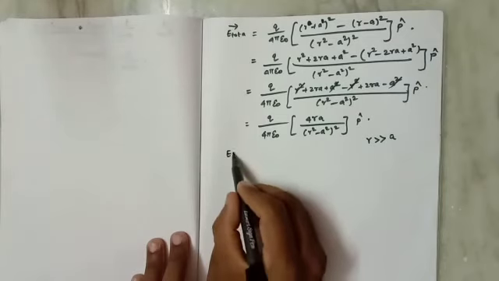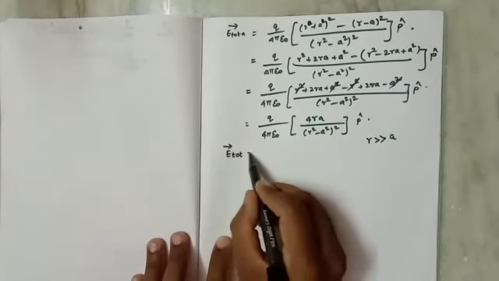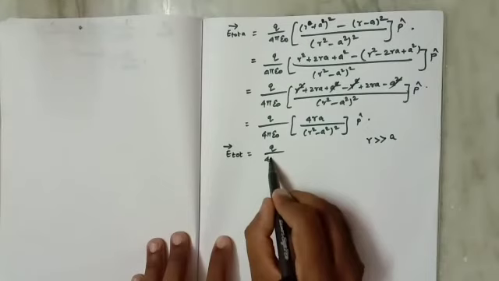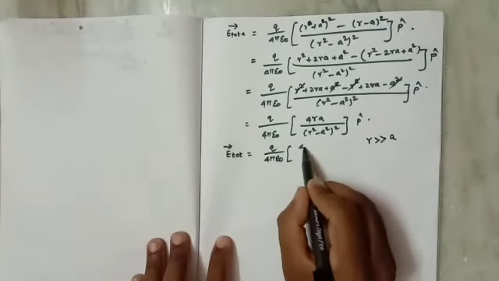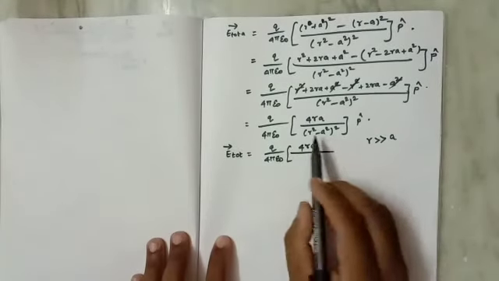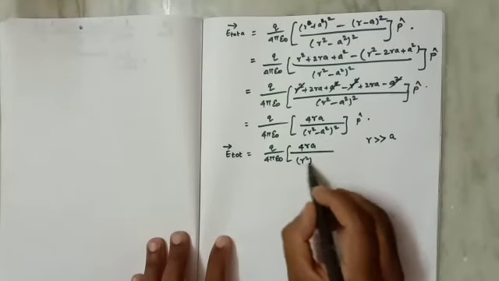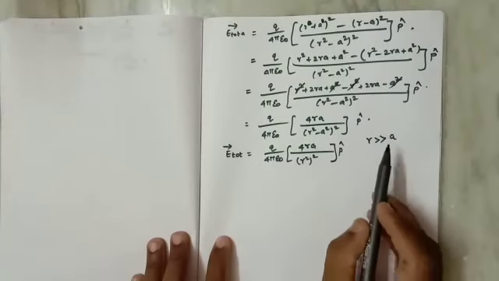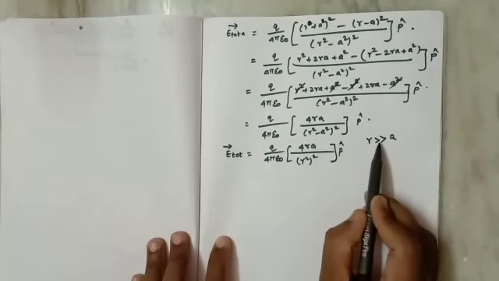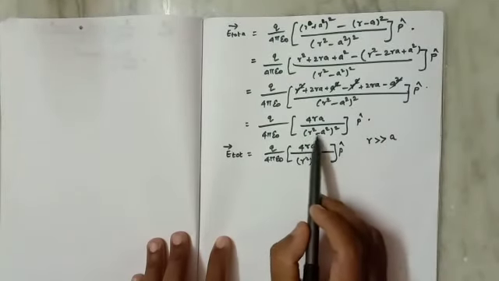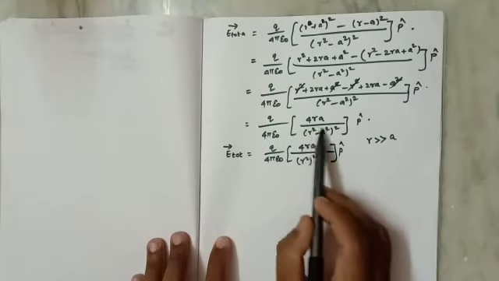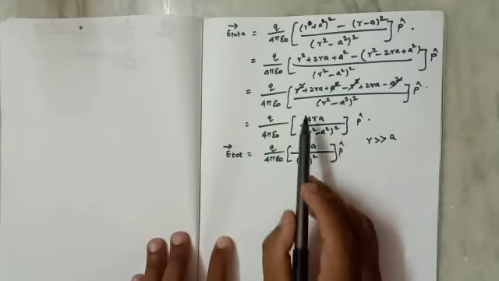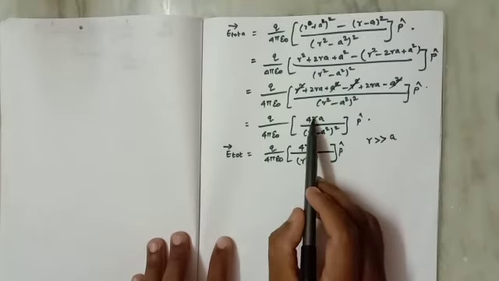So we can write the total electric field is equal to Q divided by 4 pi epsilon naught, 4RA divided by (R square) whole square, P cap. Students, listen to me, you can compare only distances. So R square with A square, only here there is a relation. Don't neglect this R, it is very important.